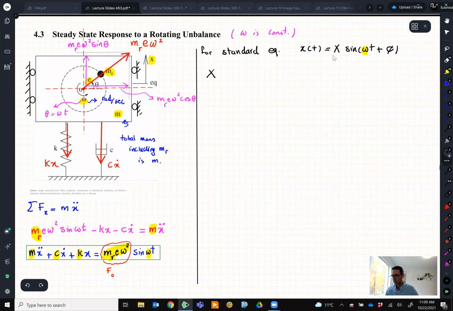That formula we learned is equal to F0 divided by K, over the square root of 1 minus omega divided by omega n squared, plus 2 zeta omega over omega n squared.